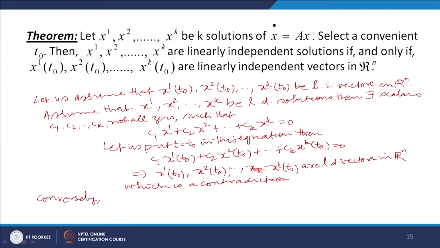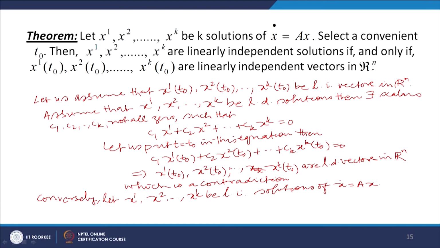So, conversely, let us assume that x1, x2 and so on xk be linearly independent solutions of the vector differential equation x dot equal to Ax.